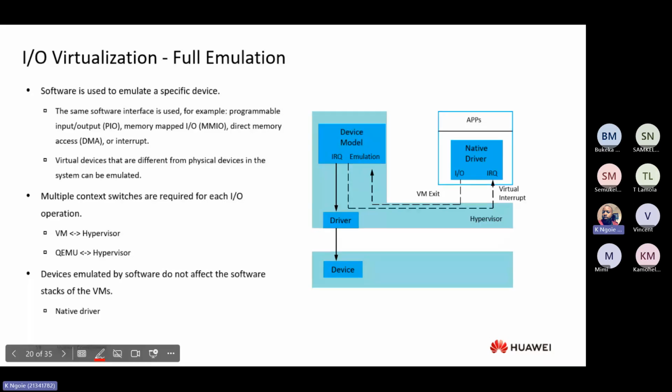It looks like a phone and it works like a phone. So if you create an app, you can test it using an Android emulator instead of installing it on a real phone. It's the same way here. But what are we emulating? We are emulating these input and output devices.